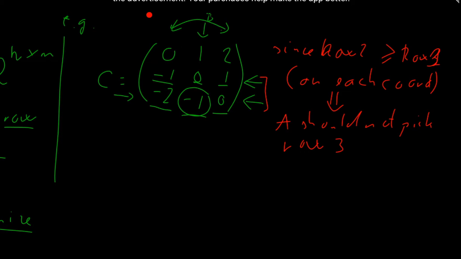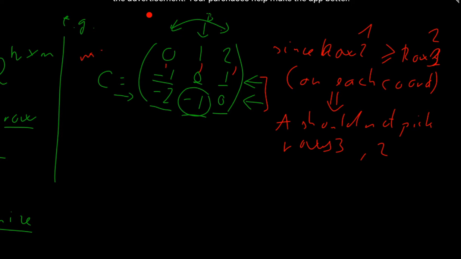And actually it's also true that row 1 is larger than row 2, so A shouldn't pick row 2 as well. So here 0 is better for player A than -1, 1 is better, and 2 is better than 1, because A wants to maximize.